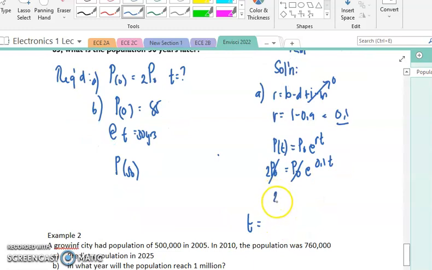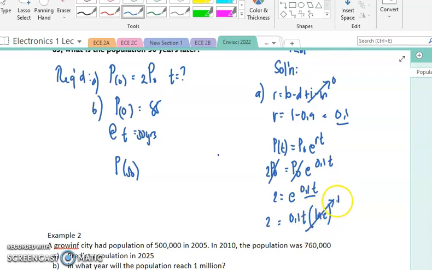So, what we have now is 2 equal to e raised to 0.1 T. So, let's bring this down. When we bring that quantity down, what we have now is 2 is simply equal to 0.1 T times ln e. And the value of ln e is simply equal to 1.